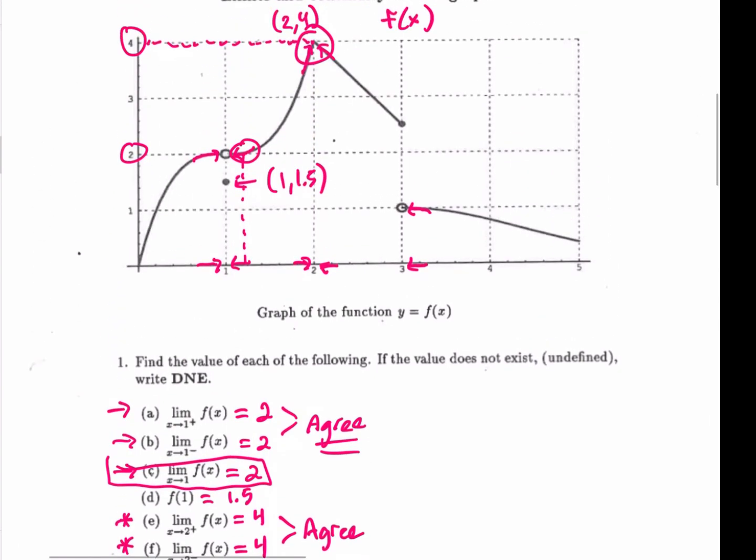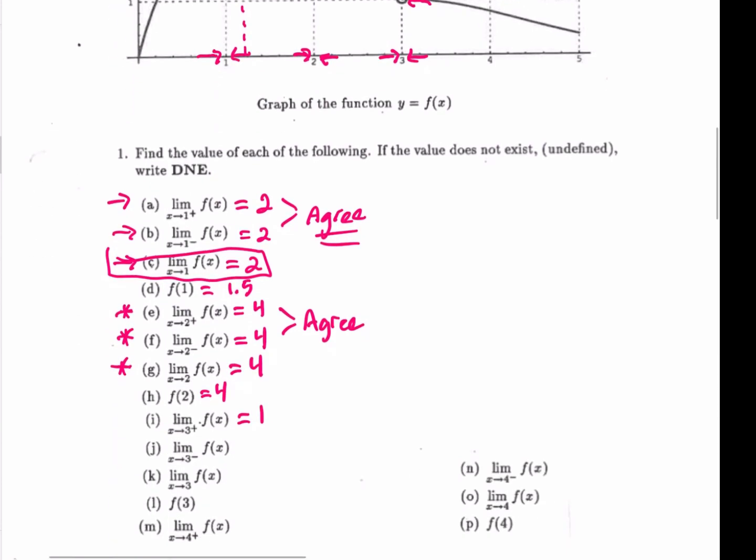Now let's look at our approach as we go in towards 3 from the left. That would mean I would be coming in this direction on the graph. What are the y values as we approach 3 from the left? Well, we would come back over here and it looks like it's like 2.5. So I will come down here and call that 2.5. These two don't agree.